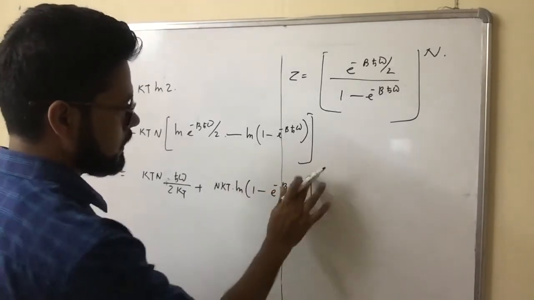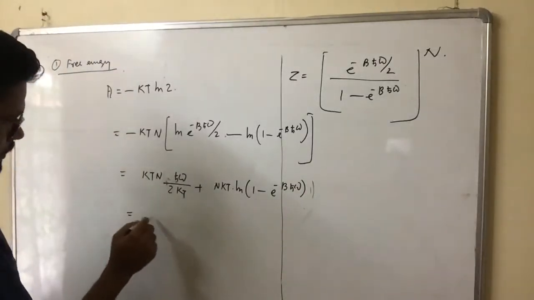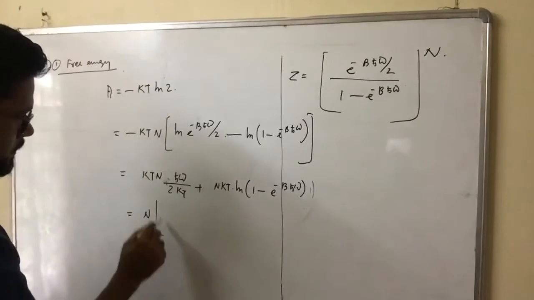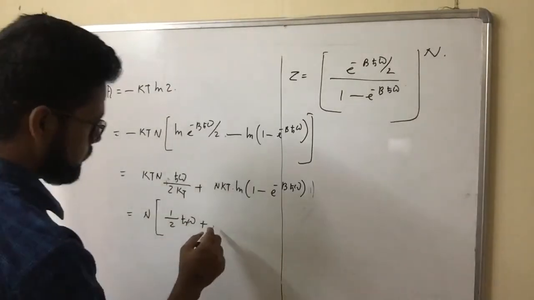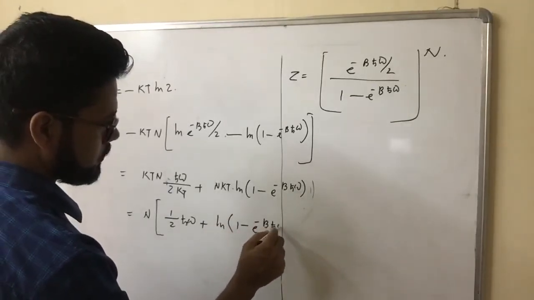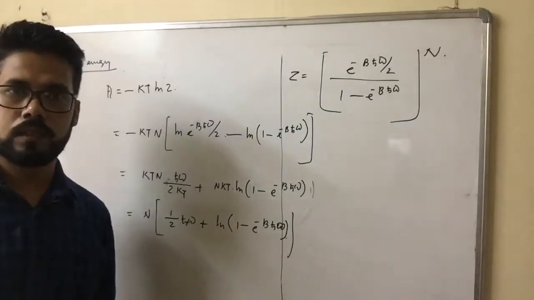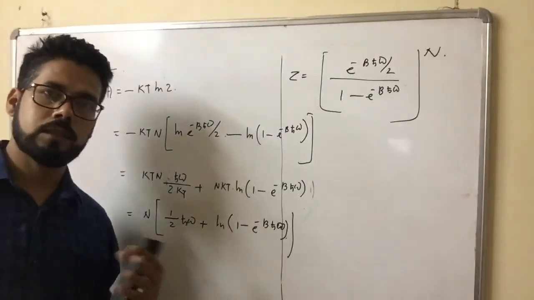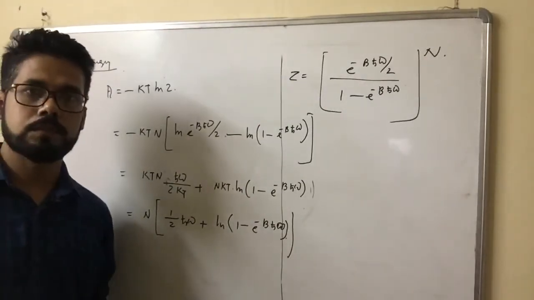Clear? This is the answer. So kT cancels, and we get n times half h cross omega plus ln of 1 minus e to the power minus beta h cross omega. Every time I am not going to calculate the special case. I have given you the way to calculate it, and after that you have to calculate the special case.